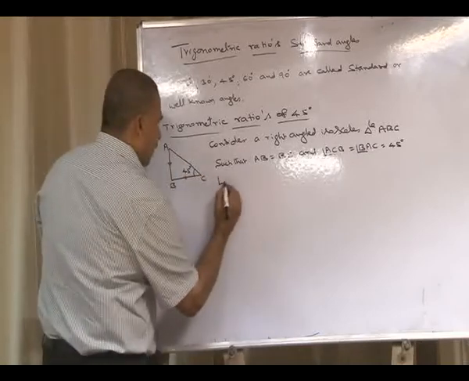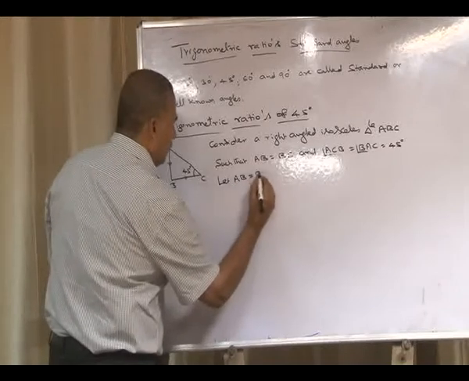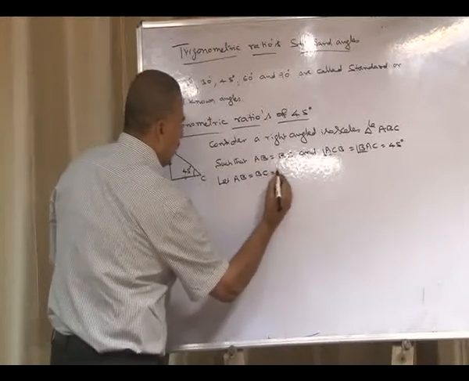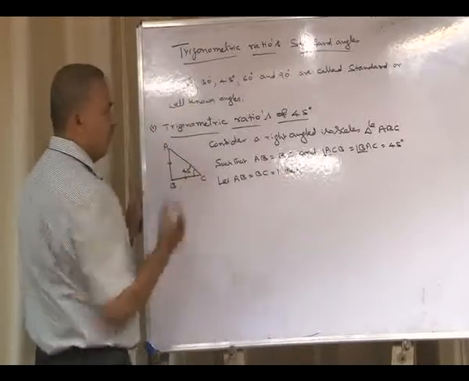Let AB equal to BC equal to 1. Then what is the value of AC?